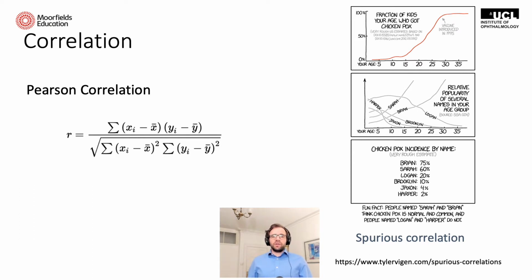And clearly we know correlation does not imply causation, and here are examples of this, as you can see on the right, looking at two things which clearly are not related: chickenpox incidents and names of individuals.